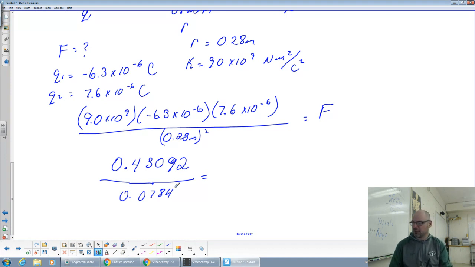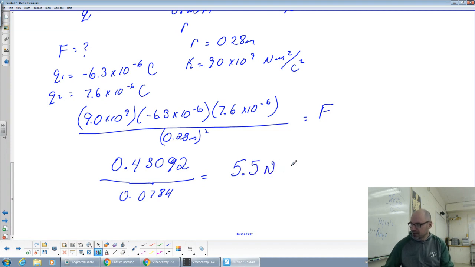And for significant figures, we got 2, so we can round it off to 2 when we're done here. Oh, that seems a little high. Let me do that again. 0.430492 divided by 0.0784. There, 5.5 if we round it off to 2 significant figures, newtons.